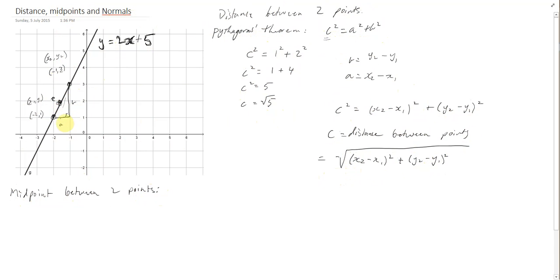So to find the midpoint, midway through there is our x coordinate, and our y coordinate is going to be halfway between our 2 y coordinates, it's going to be here. So you should be able to see fairly easily that it's going to be minus 1.5 or minus 3 on 2, and here it's 2. So we can see that our midpoint's that.